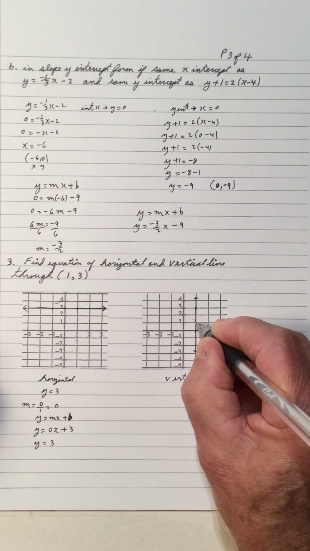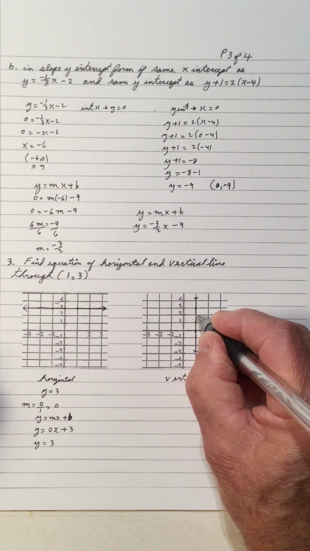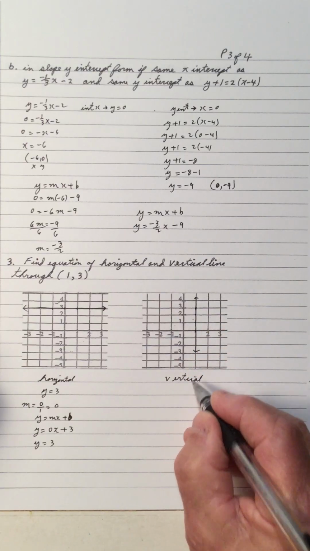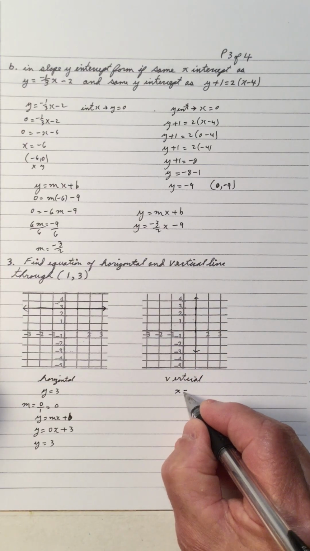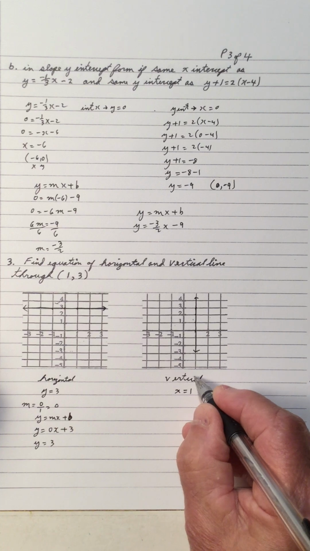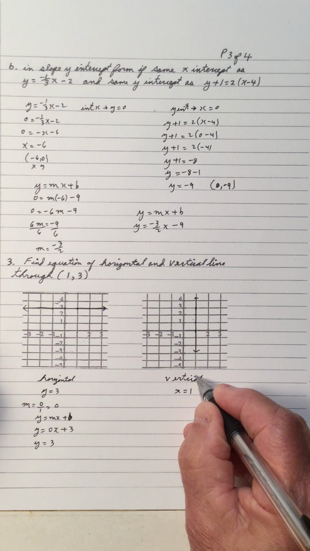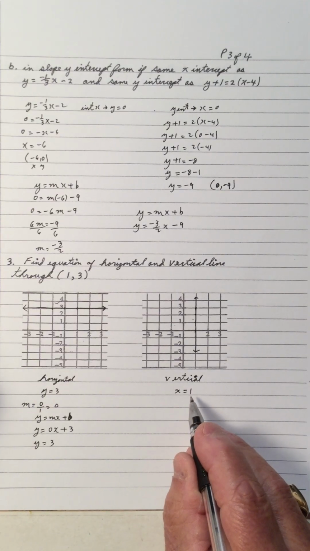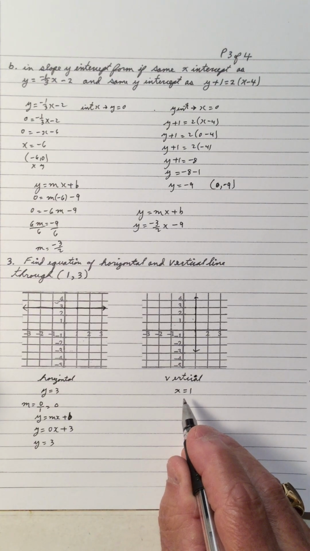Right here, x is 1, y is 1. X is 1, y is 2. X is 1, y is 3. So a vertical line is x equals 1. That dot shouldn't be there, it should be right here. The vertical line is x equals 1.